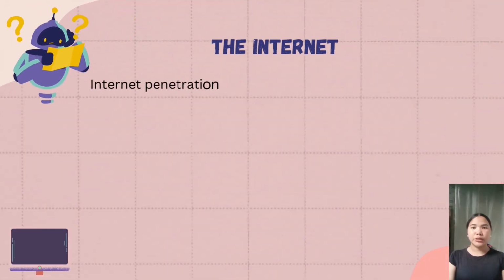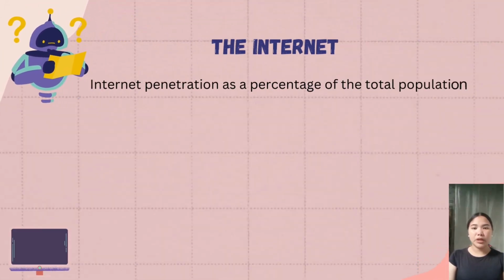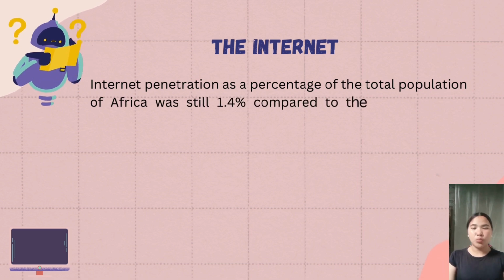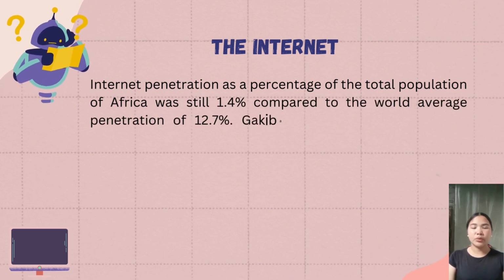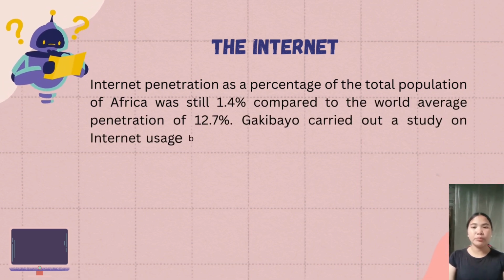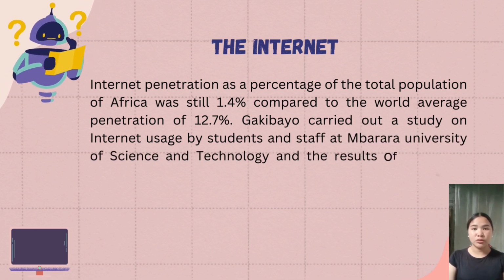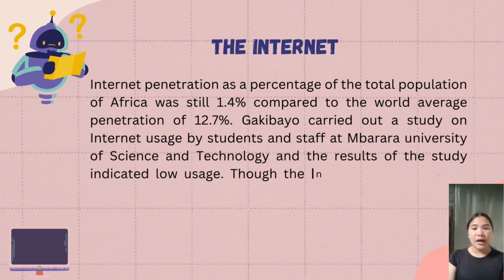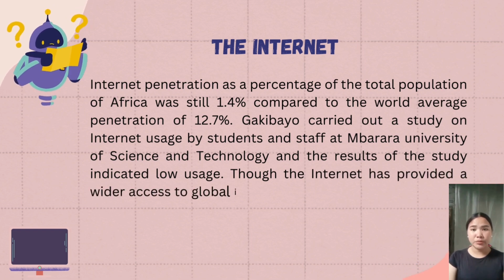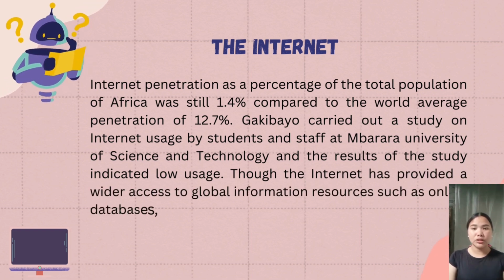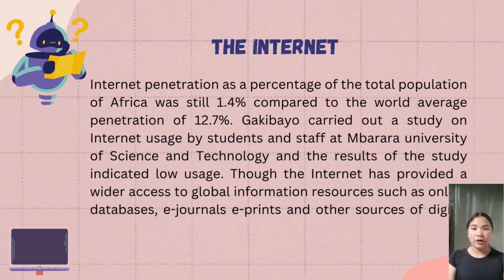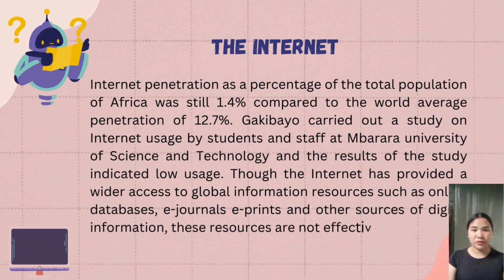Internet penetration as a percentage of the total population of Africa was still 1.4% compared to the world average penetration of 12.7%. Gakebayo carried out a study on internet usage by students and staff at Mbarara University of Science and Technology, and the result of the study indicated low usage.